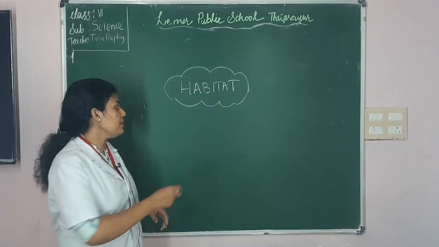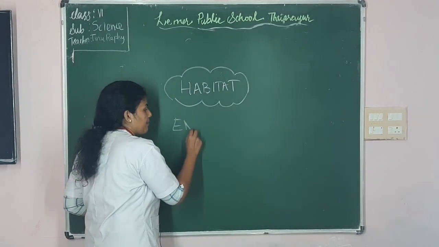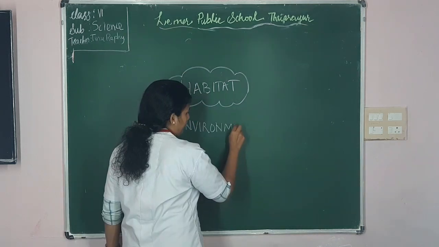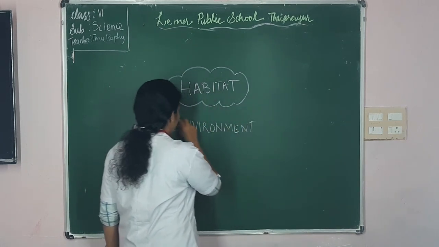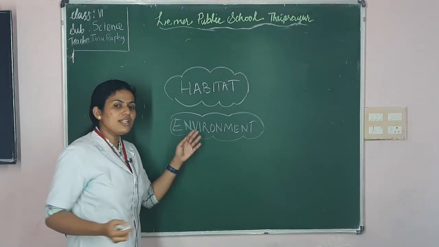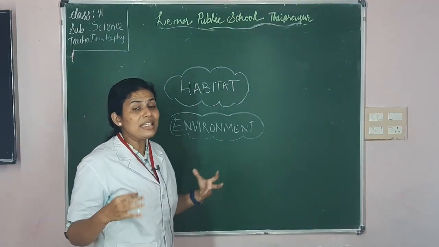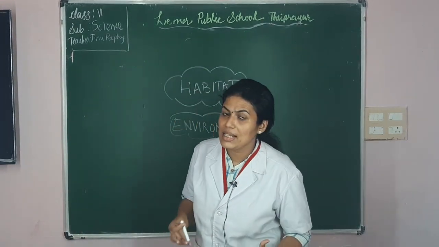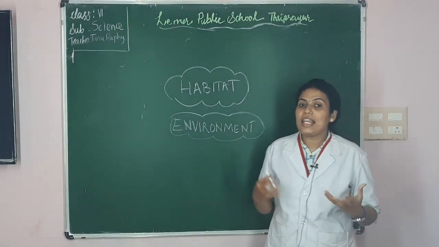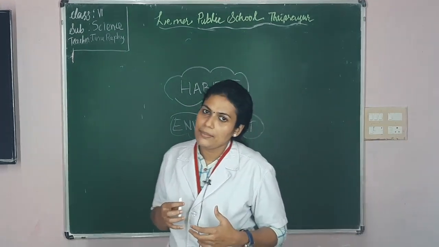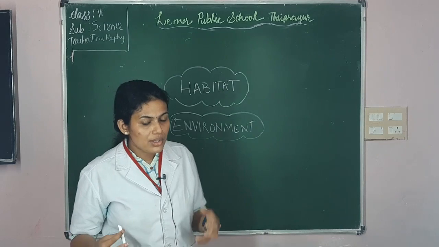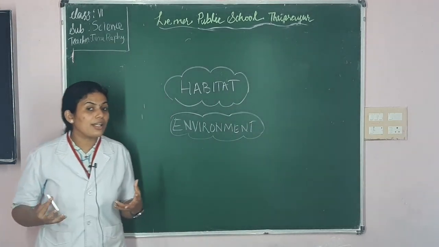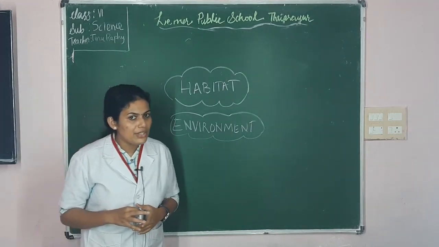Now there is one more term, that is environment. Now what is environment? All the living and non-living things surrounding us will affect the life of an organism, isn't it? So everything that surrounds and affects the life of an organism is called environment.